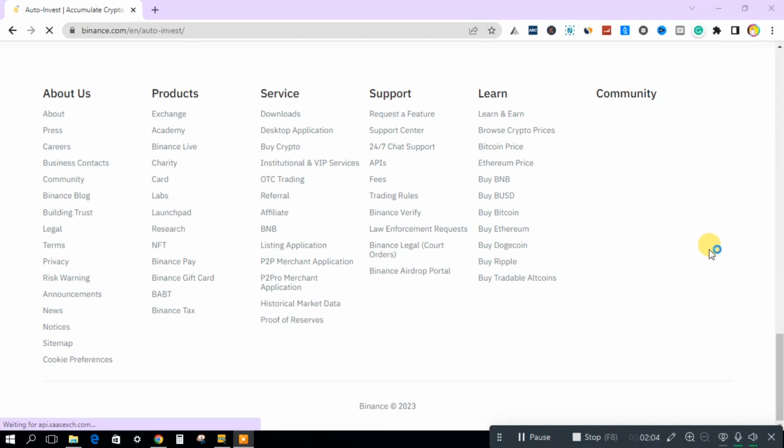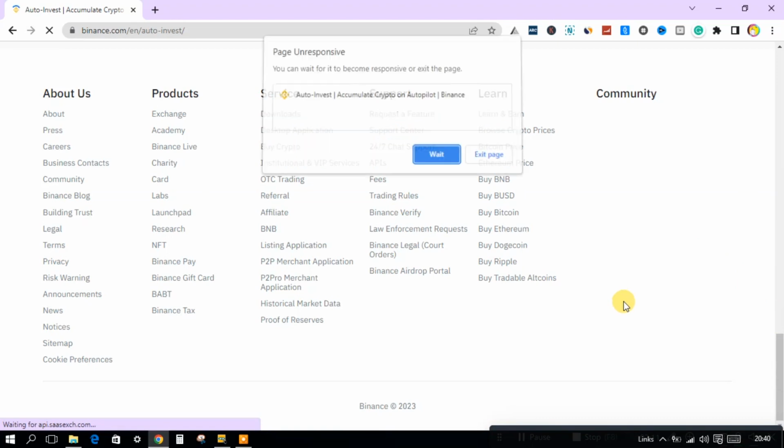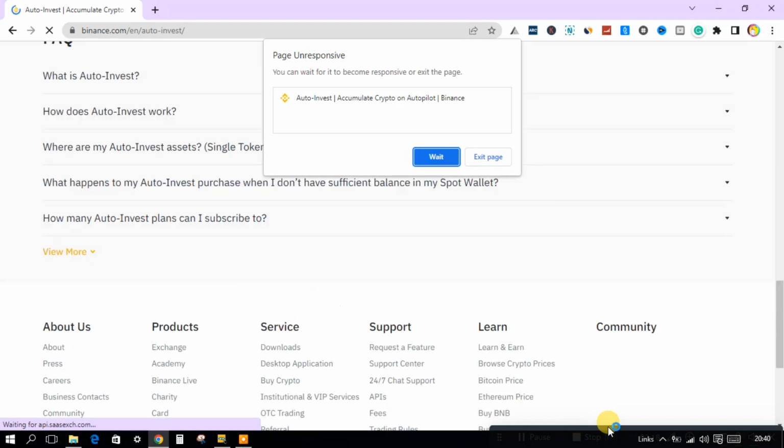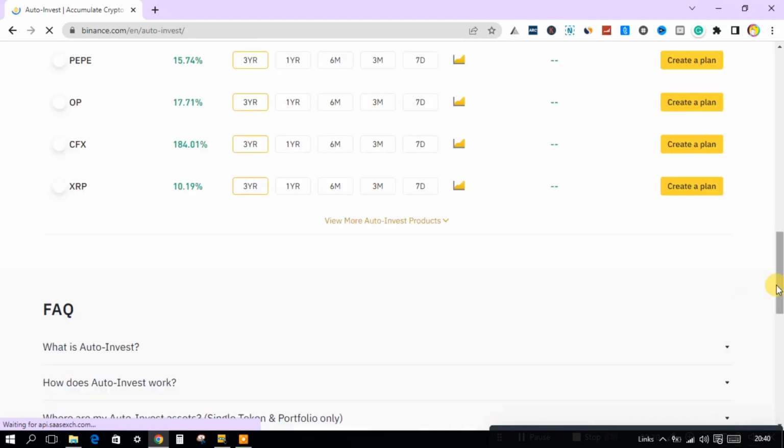So when one goes down, the other rises up, and the one that raised up is going to recover that loss. Yes, so that is it. Do not select only one cryptocurrency. You can see it's moving on, because you can see percentages.